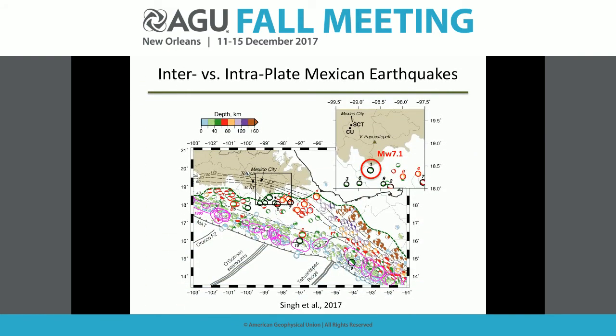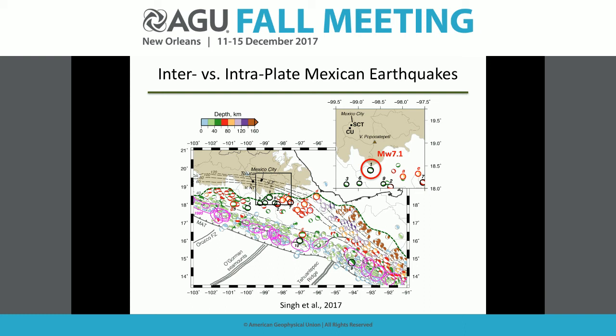Just briefly, we have 3 different kinds of earthquakes in the whole country in Mexico. The most frequent are, as we all know, the typical thrust earthquakes just below the coast.